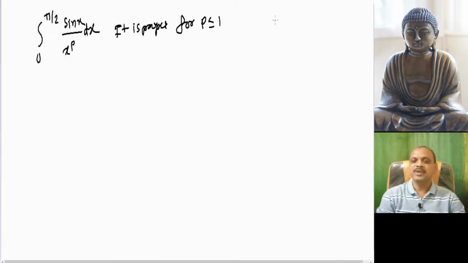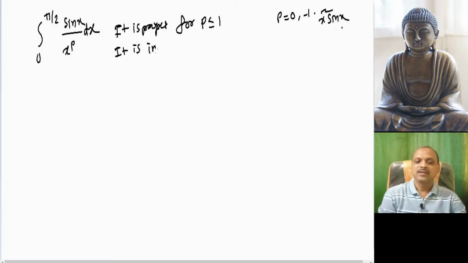That means whenever p is equal to 0, we have the integration of sin x, which is integrable. When p is minus 1, we have x into sin x, and again we can apply the product rule. If p is minus 2, we get x square into sin x. Again we can apply the product rule, and it will be easily integrable. So it is proper for p less than or equal to 1, and it is improper for p greater than 1.